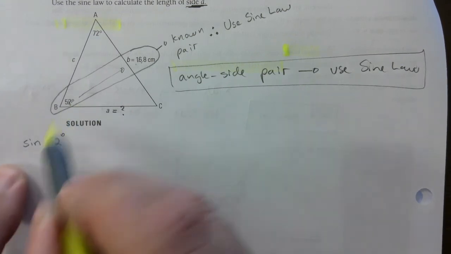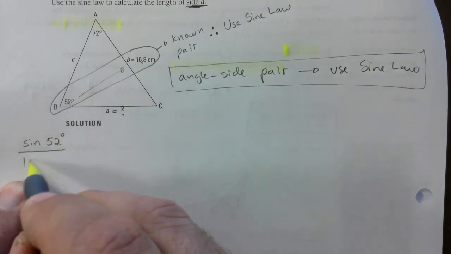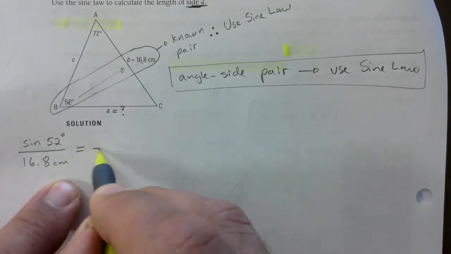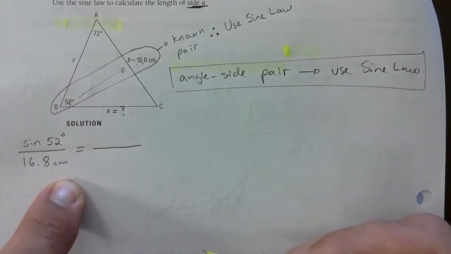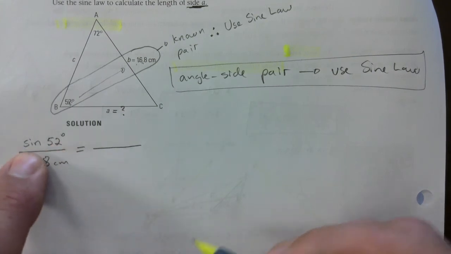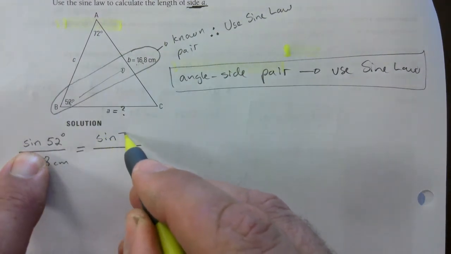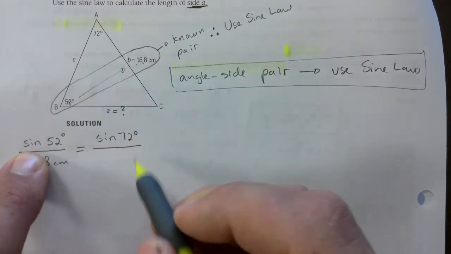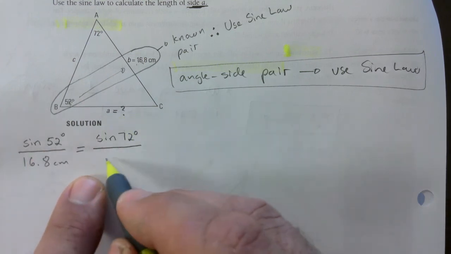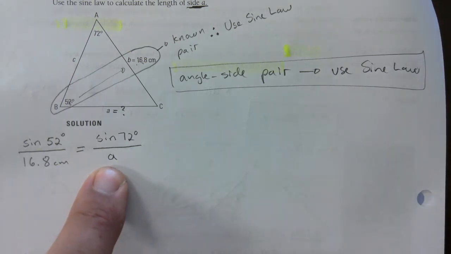So sine of 52 degrees over the side length, which is 16.8 centimeters, is equal to, notice that I have angles on top. So now I'm going to go sine of 72 degrees, and those could be decimals, right? The angles, so don't let that throw you off, over the unknown side, which is lowercase a.